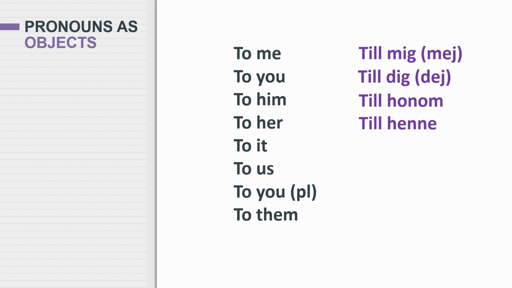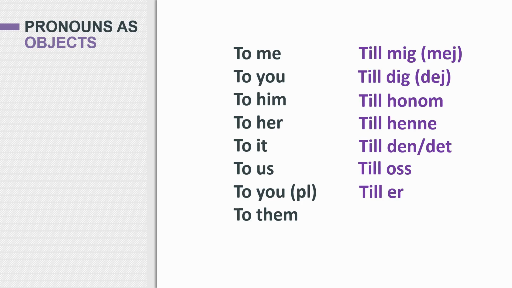What about to it? And here you have two cases, just like before. You can say till den or till det. The T is not pronounced sometimes, so det is what you might hear. So how did you say to us? Till oss, till oss. And if you want to say to you guys, to you plural, to you people, well, then you would say till er, till er.